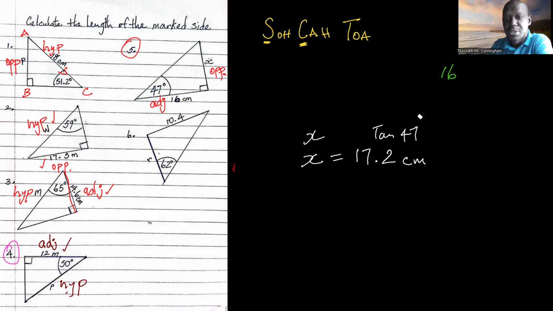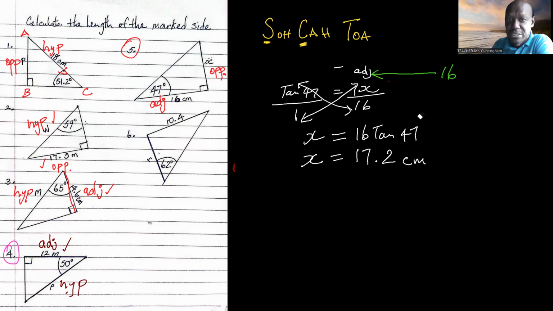Let me go back. Which 7? That was the 7x? No, that was the arrowhead. It's x over 16. Good. So write that down properly: tan 47 over 1 equals x over 16, not 7. Very good. Thanks for that.